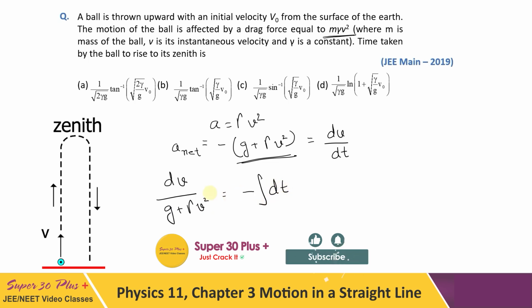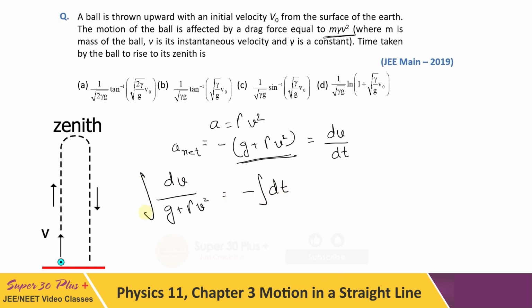Now integrate both sides within the limits. Now it is given that initial velocity is v0, so initial limit would be v0, and when it reaches zenith, that is the maximum height, of course, velocity has to be 0.